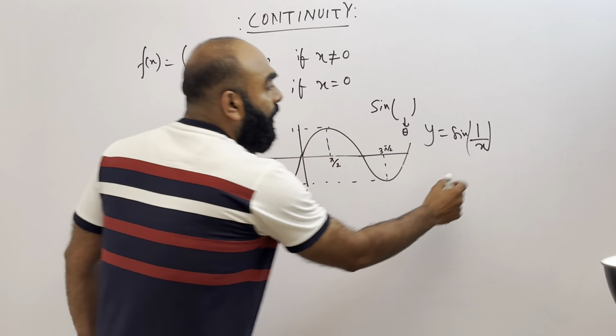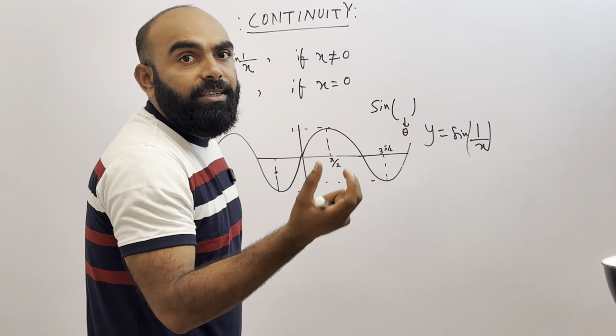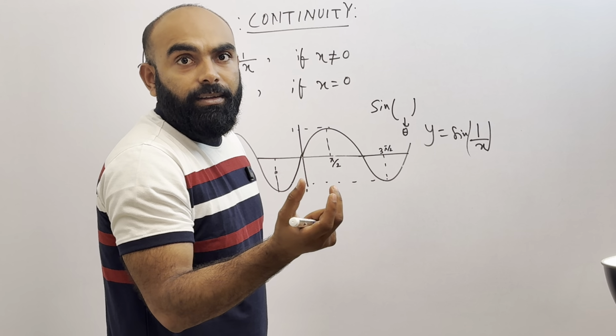Whatever theta you keep, the complete sine theta is your y only. So this y value ranges between minus 1 and 1. In mathematics we say that the sine is oscillating between minus 1 and 1. Are you getting my point?